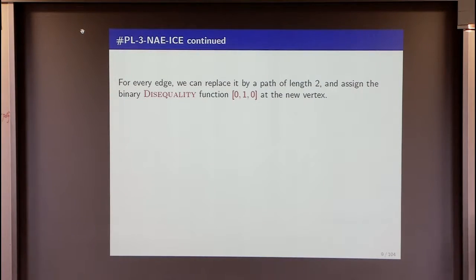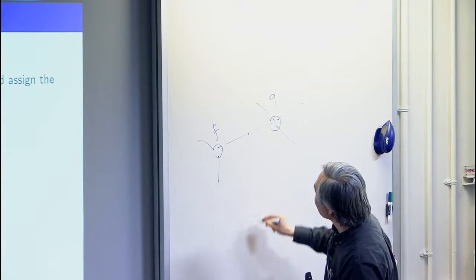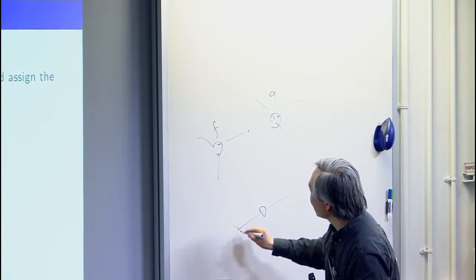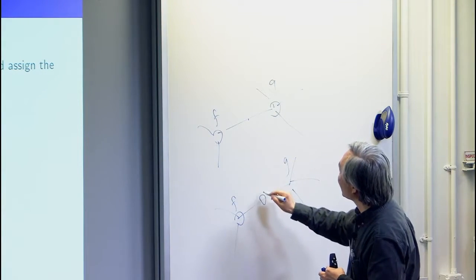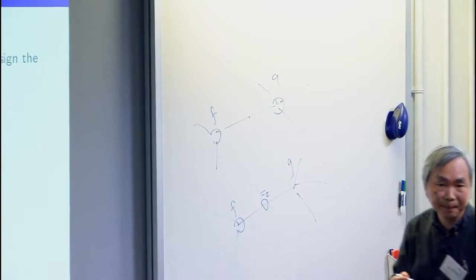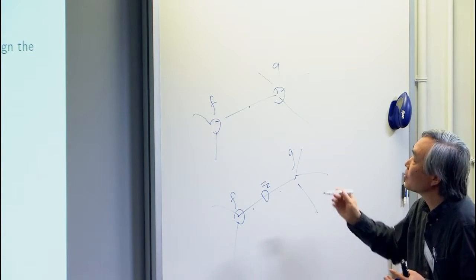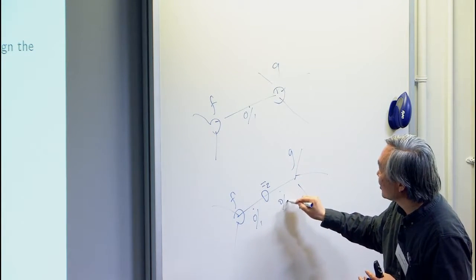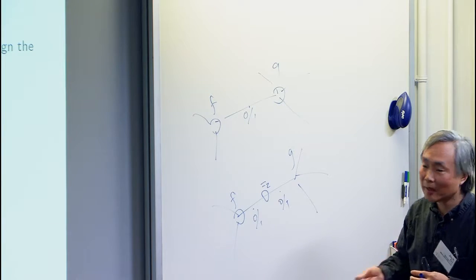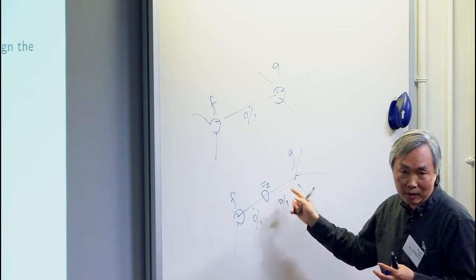originally this was a variable and here are the constraints sitting on them. But now I'm going to replace this by saying here is a new variable, and f is still sitting on them, g is sitting on them, but I have an equality function on them. So this function now takes variables here and there, and ostensibly this originally was 0, 1, and ostensibly there were 4 possibilities, but in fact only 2 possibilities will be valid because the equality forces both sides to be equal.